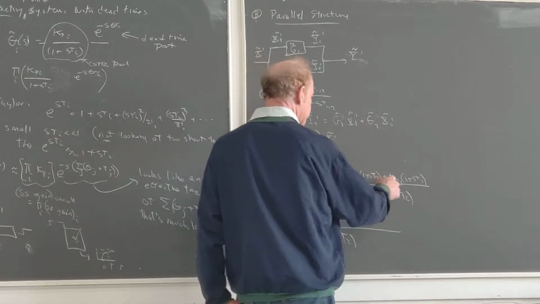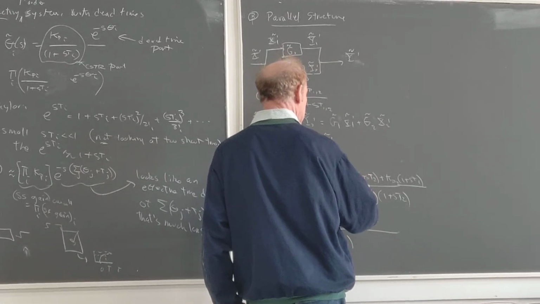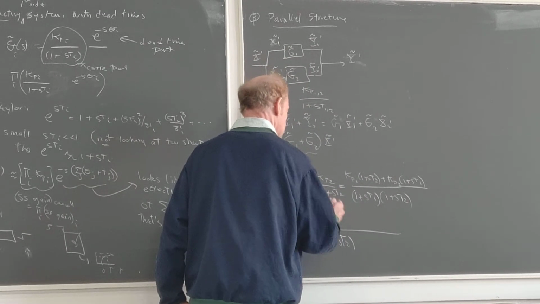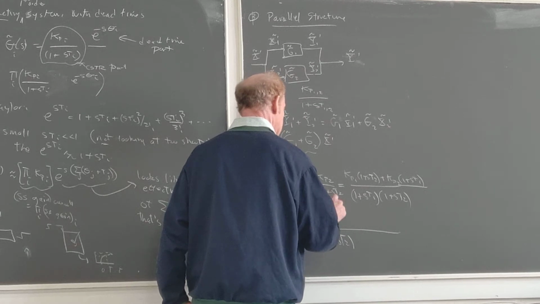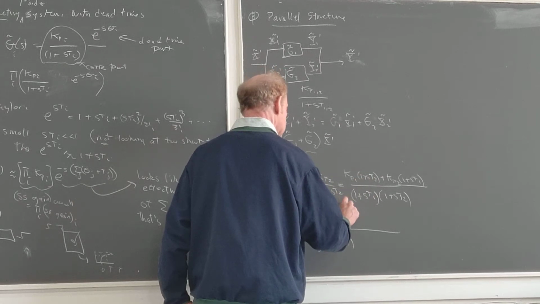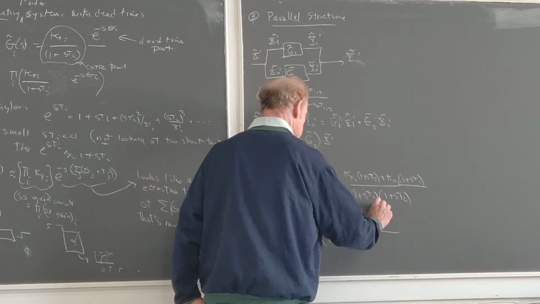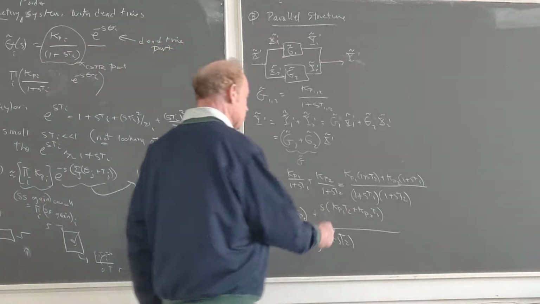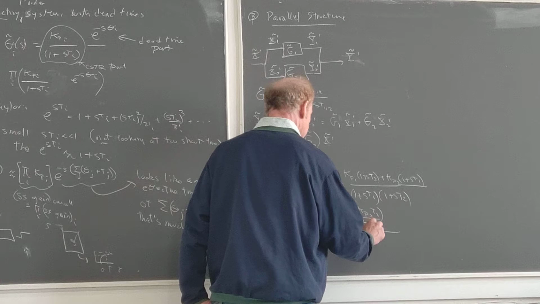So it's Kp1 plus Kp2 plus s times Kp1 tau2 plus Kp2 tau1. I just multiplied it out. And just for fun, I'm going to multiply and divide by Kp1 plus Kp2.